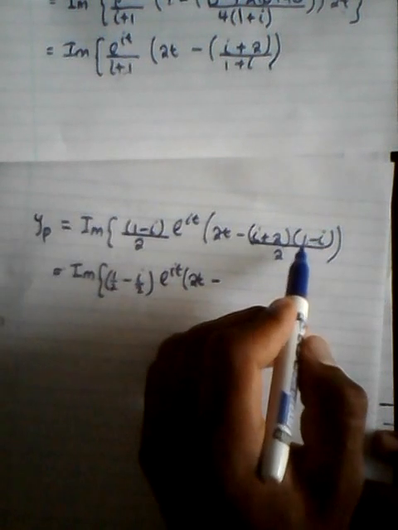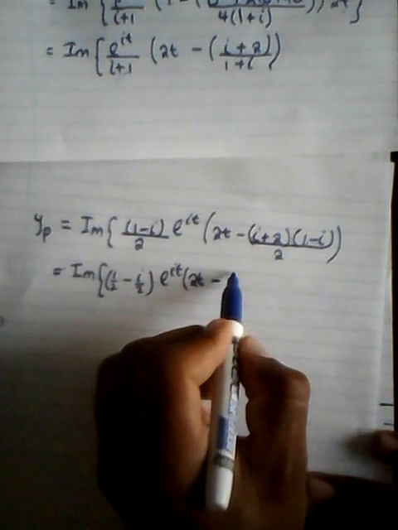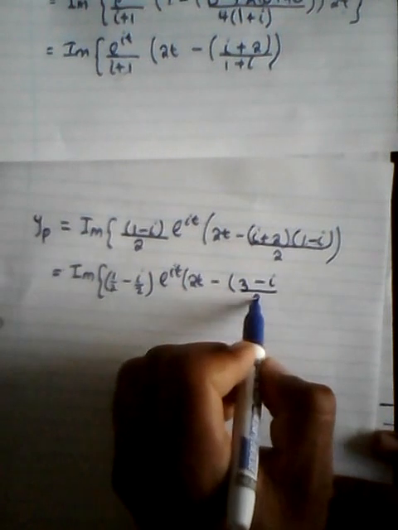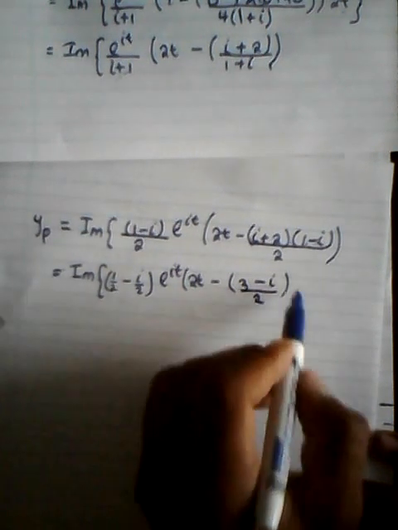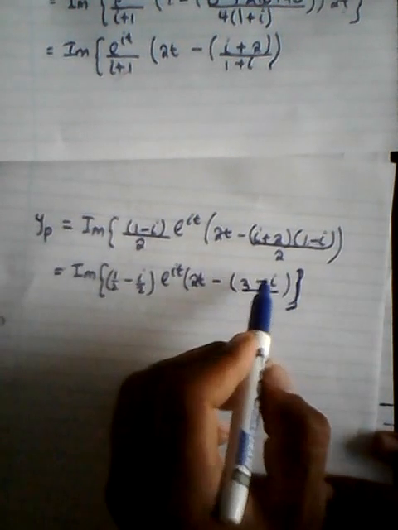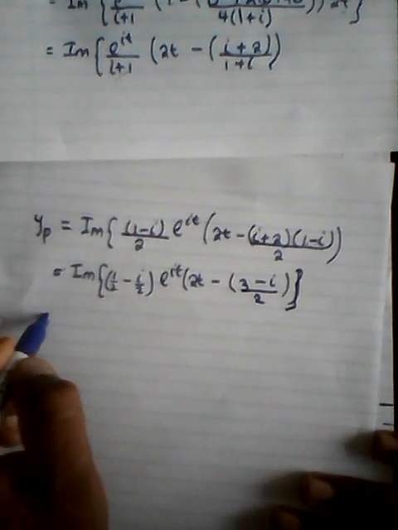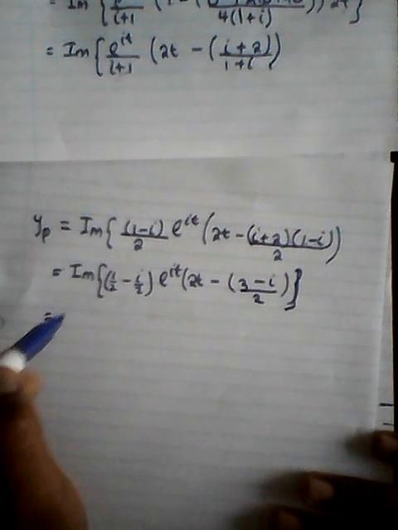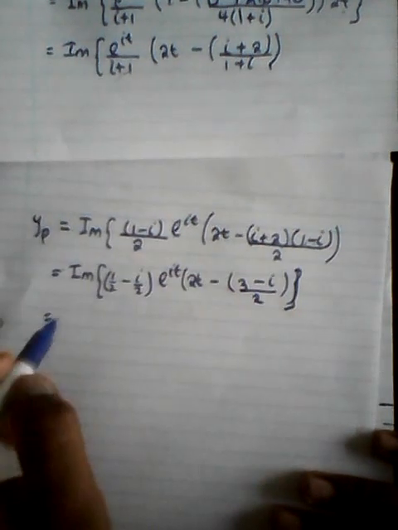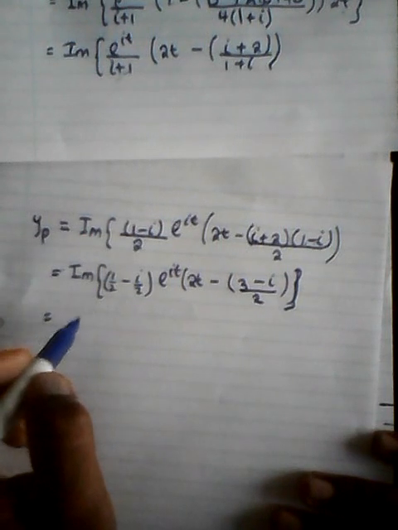So when we work this out in the numerator, we're going to get minus 3 minus i, all divided by 2. You must take note of these things that I'm not explaining very well, but note that it's a simple multiplication.